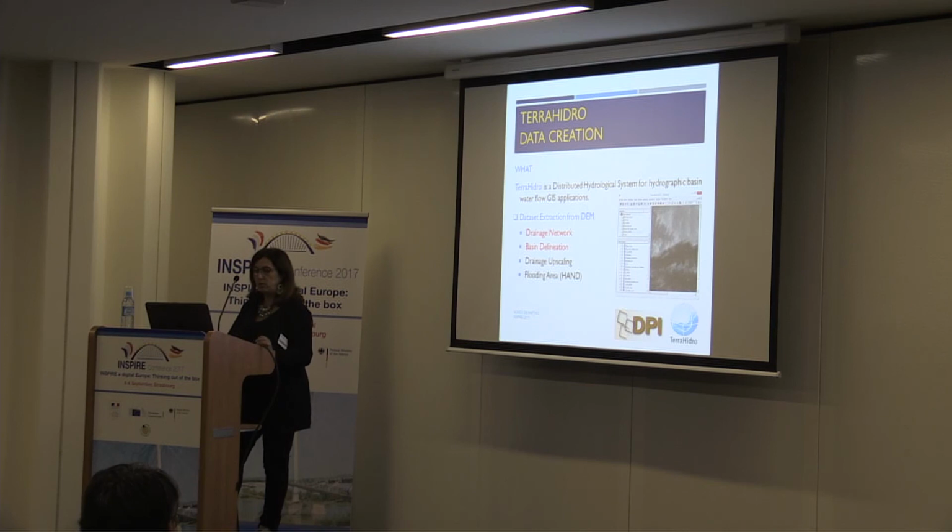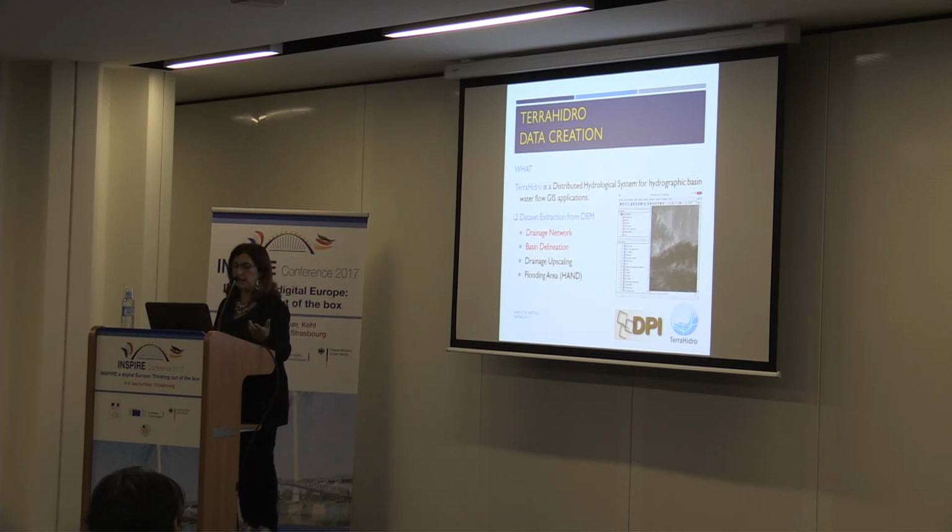And TerraHydro, as I said, is a hydrological system that can be used for GIS applications. It extracts the drainage network, basin delineation, drainage upscaling, and flooding area. We are now focused just on the first two kinds of data.